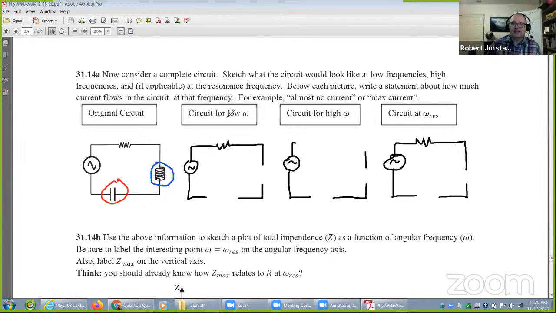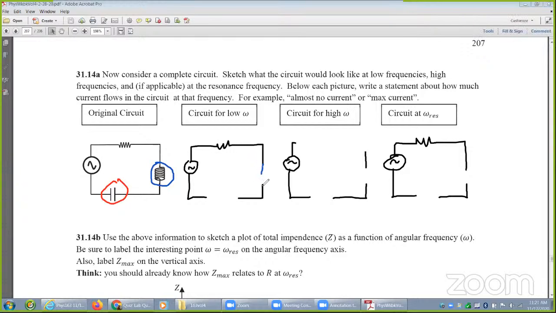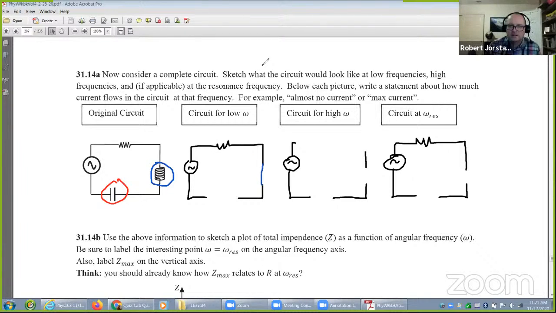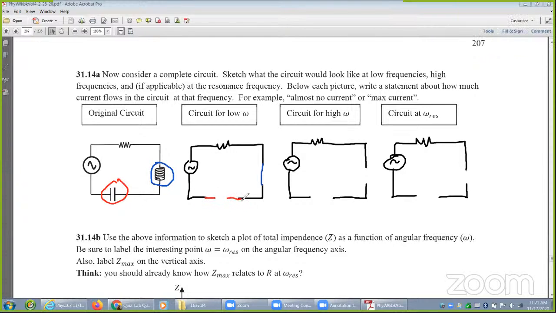So let's start at low frequencies. At low frequencies, what does the inductor look like? Remind me, short or a break? Short. What does the capacitor look like? Break. A break. So we'll just do that. How about at high omega?